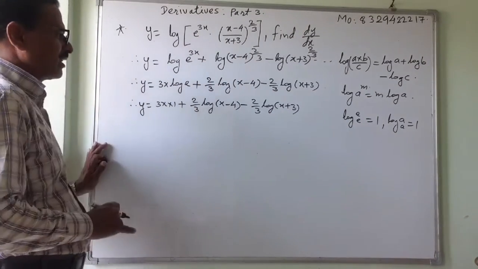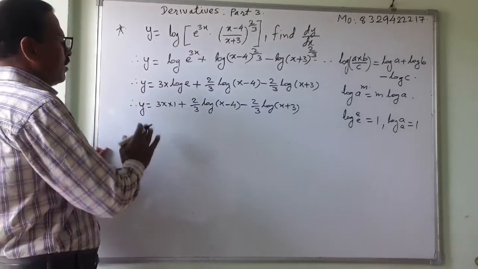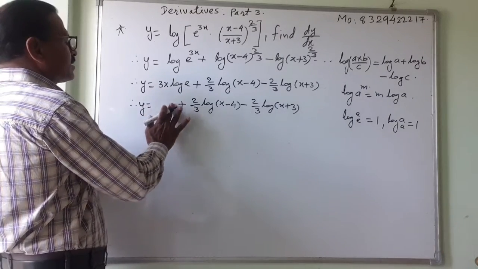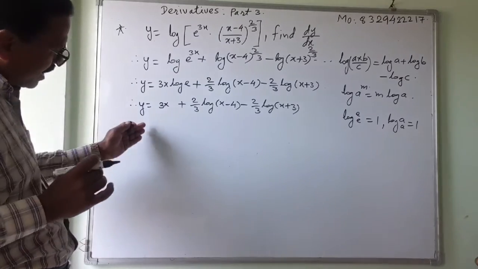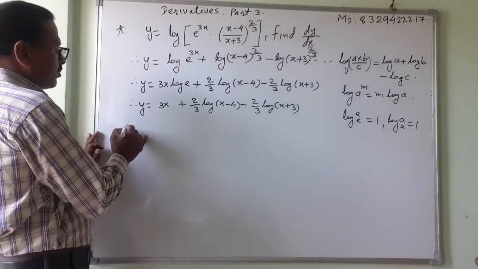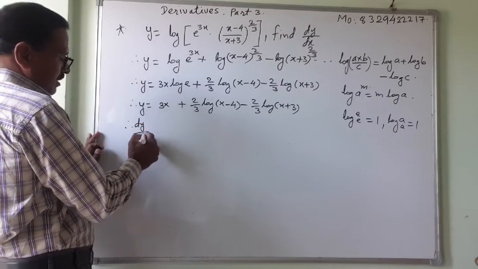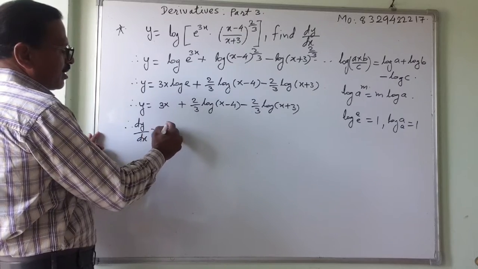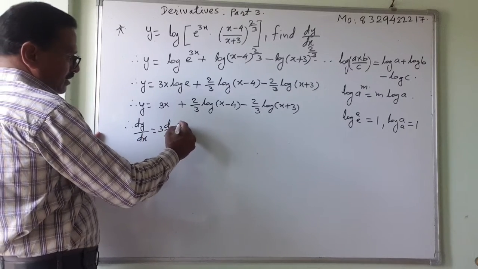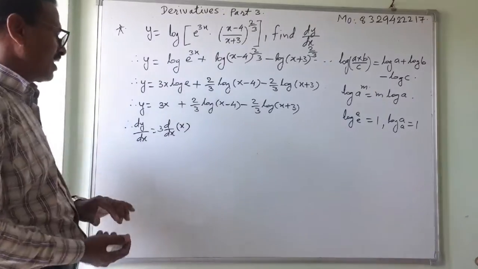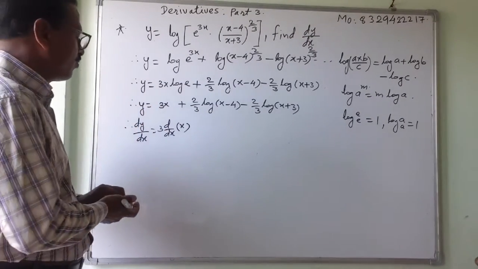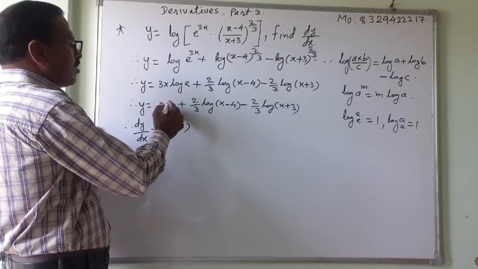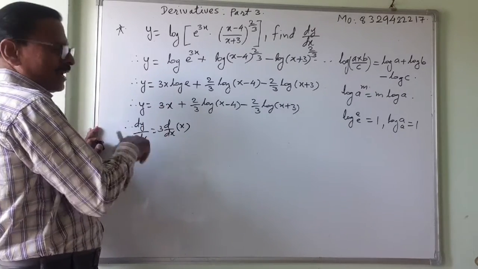Therefore, now I will take the derivative. Here I will write only 3x. Now I have to take the derivative of each individual term: dy by dx is equal to 3 into d by dx of x, because whenever a coefficient comes for the variable, we take the derivative of the variable only, and the constant I take back.